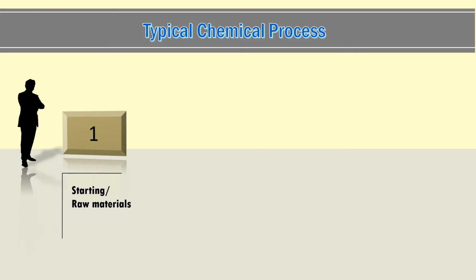For example, suppose I am establishing the fermentation industry, the molasses, which is the byproduct of sugar industry, that will be my starting material. Or I am running a paper industry, the bagasse from the sugar industry is my starting material or raw material.